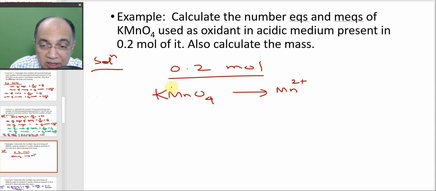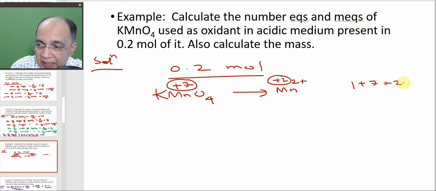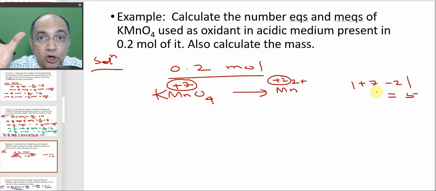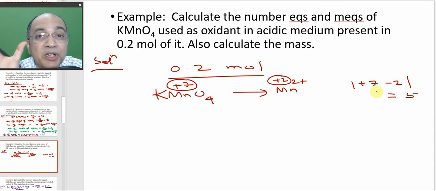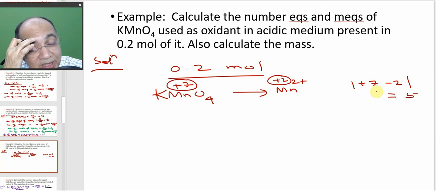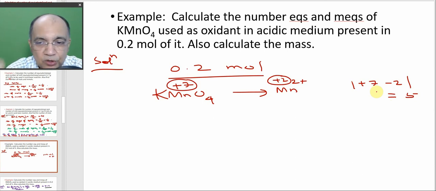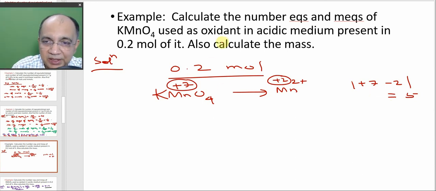So the change in oxidation number is from +7 to +2. So the change in oxidation number is 5. Change is always a modulus, that means only the numerical value, not the sign. So the change is 5.